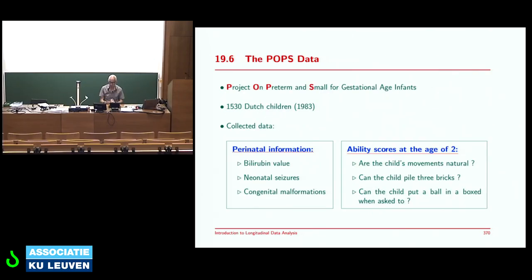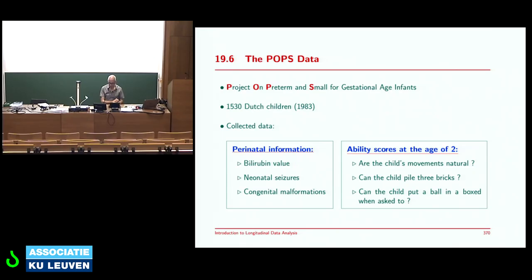And this is one of the ad hoc data sets that I will be using here and here only. It's a relatively old study right now, the POP study, Project on Preterm and Small for Gestational Age Children. So it's children born in the Netherlands in 1983, 1530, which is a good large fraction of children with either small gestational age or children that are preterm.